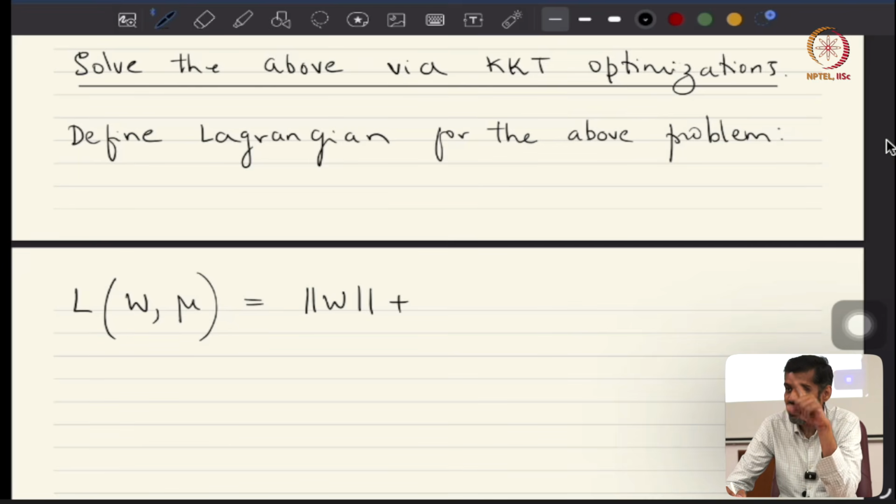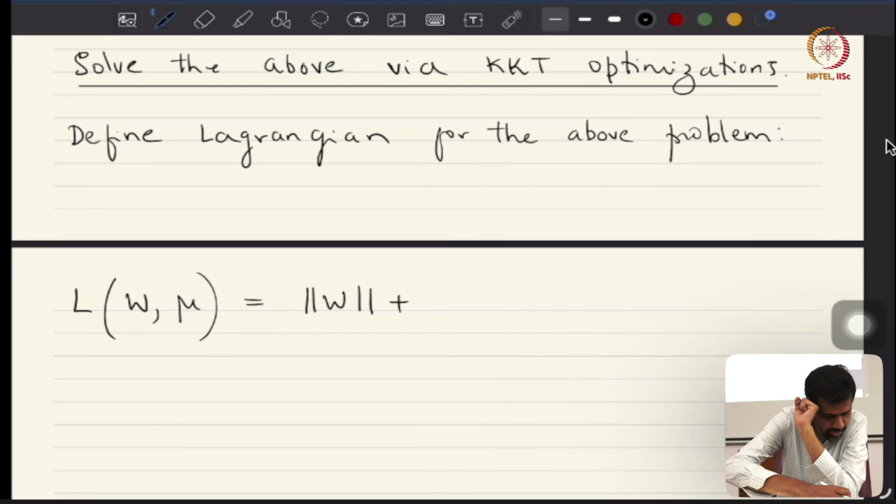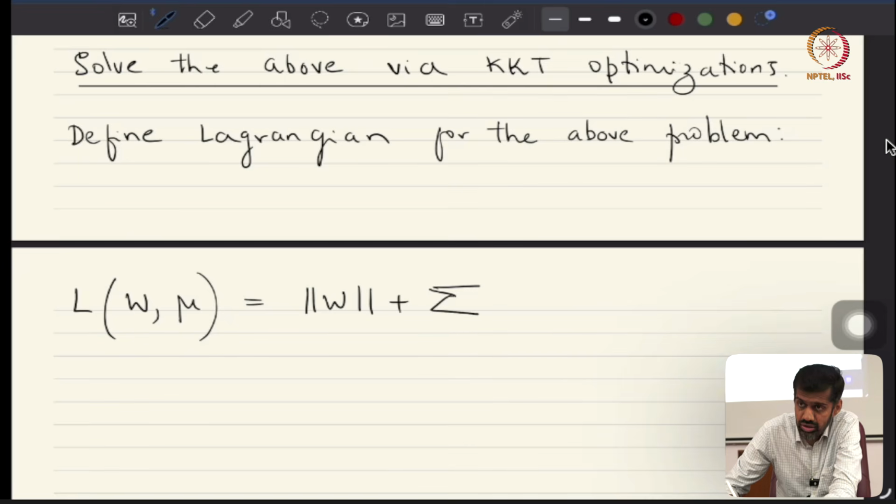There is one Lagrange multiplier corresponding to each of the constraints, correct? So first of all there is a sum over all the data points, because every data point is a constraint, and the constraint is 1 minus yi times (W transpose xi plus b).